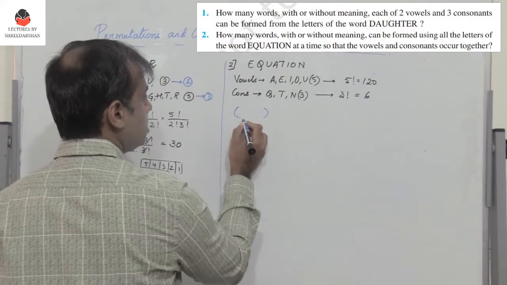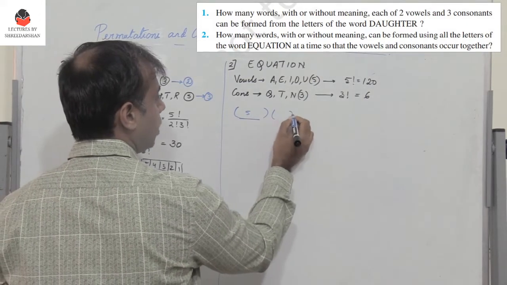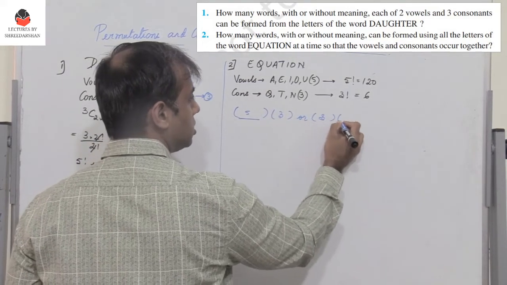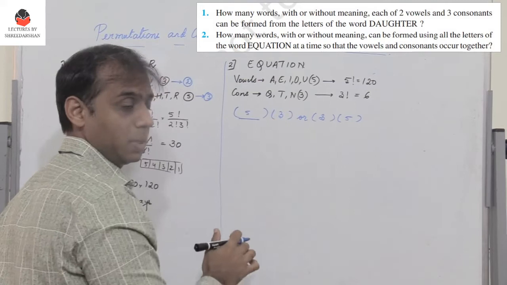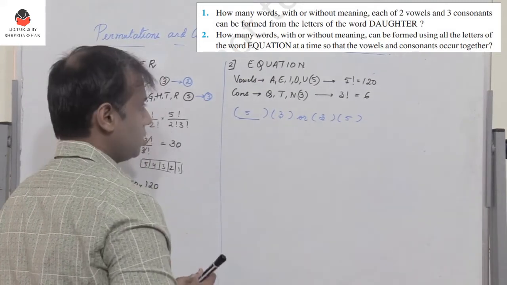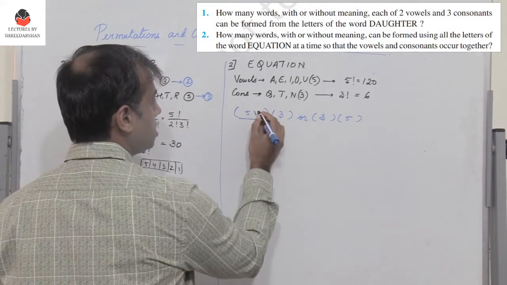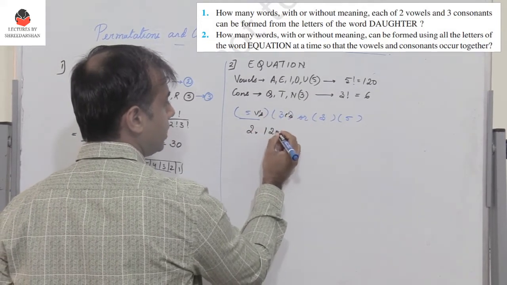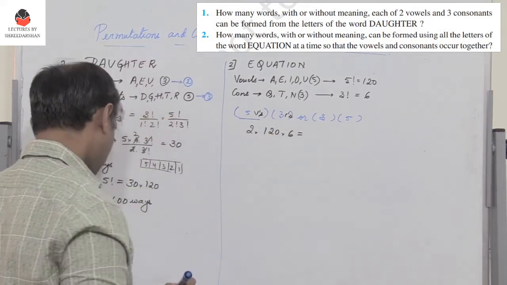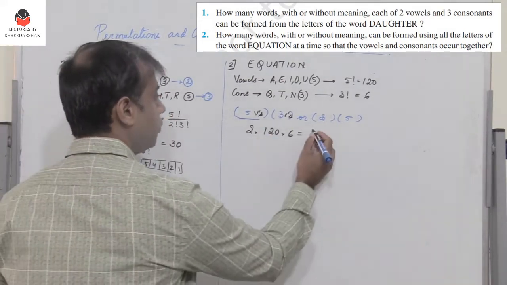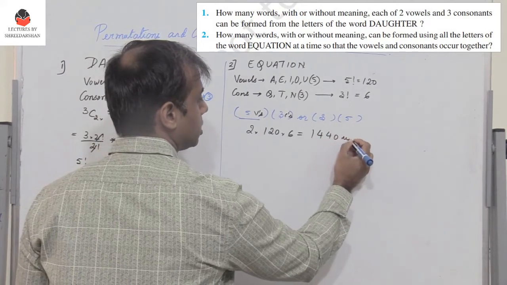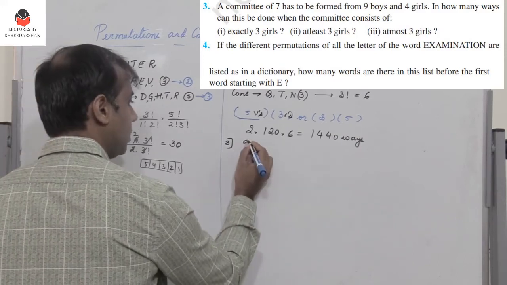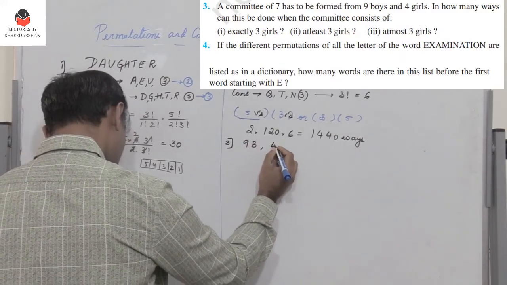I can have the section of 5 vowels first and then the section of 3 consonants, or the section of 3 consonants first and then the 5 vowels. So there are 2 ways here. Therefore it's going to be 2 into 120 into 6. So finally we get the answer as 1440 ways.